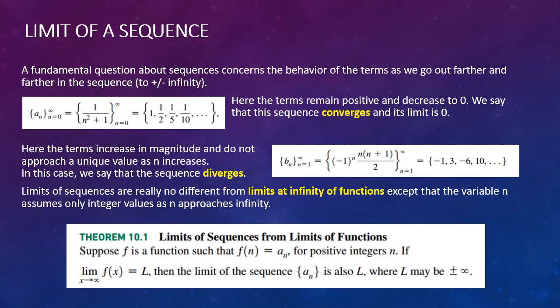If the limit as x goes to infinity of f of x equals L, then the limit of the sequence a sub n is also L. Do note that L could also be positive or negative infinity. And we kind of have this situation where a limit is infinity, which by the definition or idea of a limit is not really a limit.